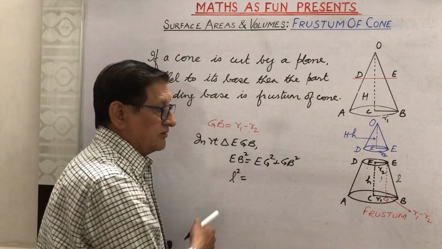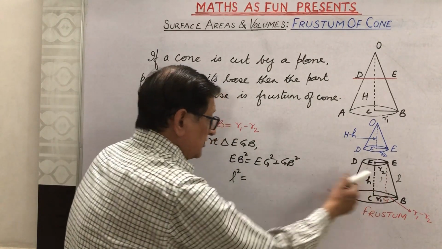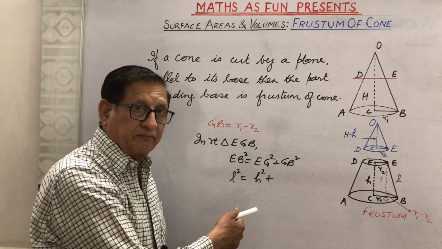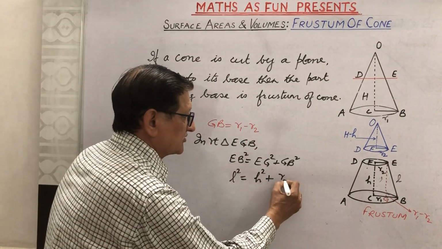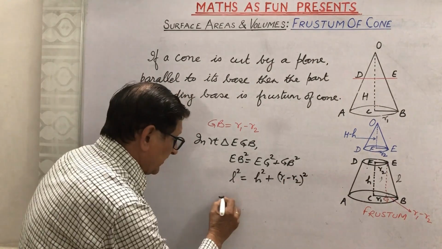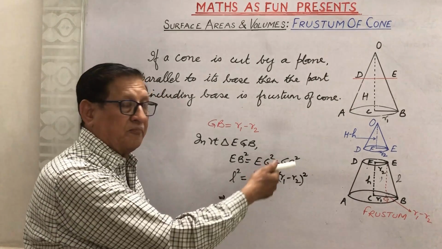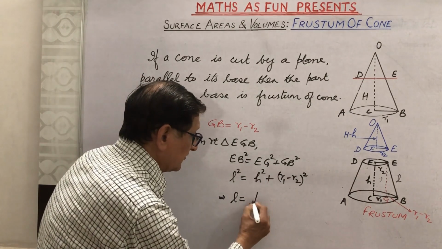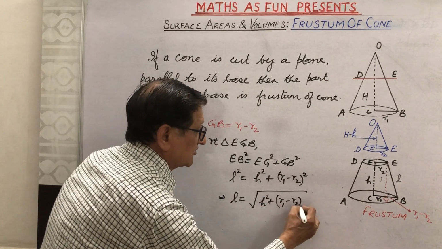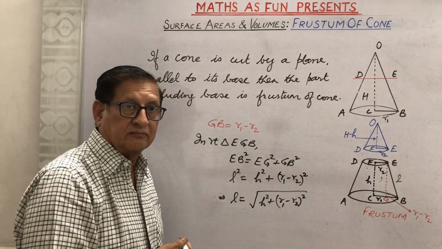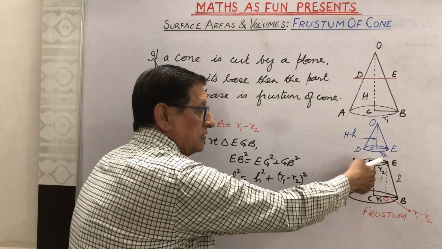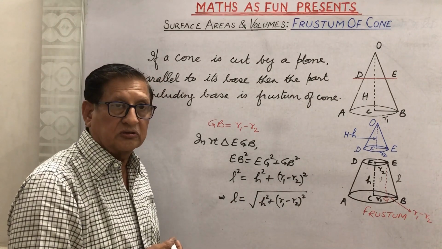What is EG? EG is the height, H square here. GB, as we have seen, GB is R1 minus R2. So this will be square of R1 minus R2. It means we can find out the slant height of a frustum by using the formula L is equal to the square root of H square plus R1 minus R2 whole square, in case we know the height of the frustum and the radii of both the ends are given to us.